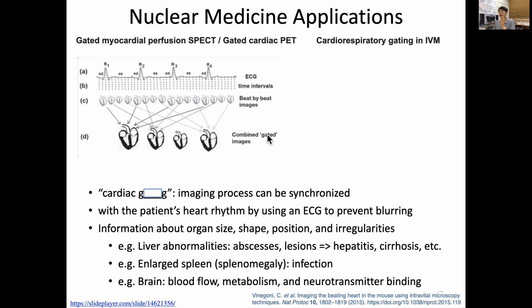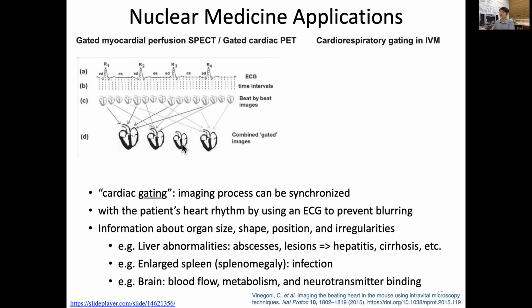So it combines those gated images, and we call this technique cardiac gating. It's an image process that can be synchronized with the patient's own heart rhythm by using ECG to prevent blurring. Because if we expose all the time, the heart is moving and it will be very blurry.